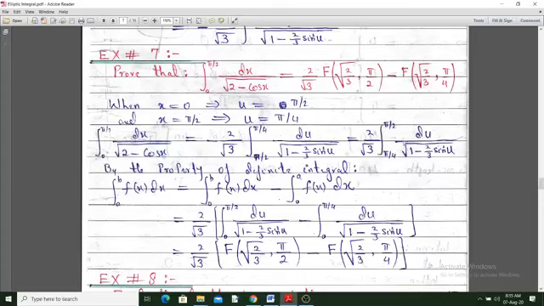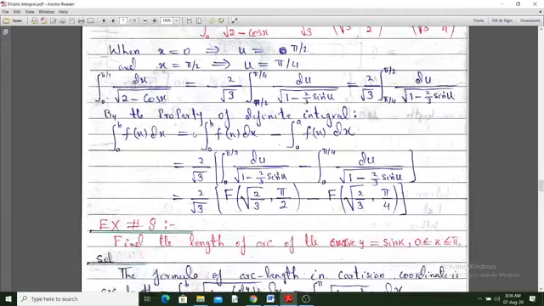And what is the problem in making this integral into an elliptic integral? Definitely in an elliptic integral we need 0 as the lower limit here. So in order to bring 0 here, we use a property of definite integrals. Remember, one property of definite integrals is this: integral a to b f of x dx can also be written as 0 to b f of x dx minus 0 to a f of x dx.